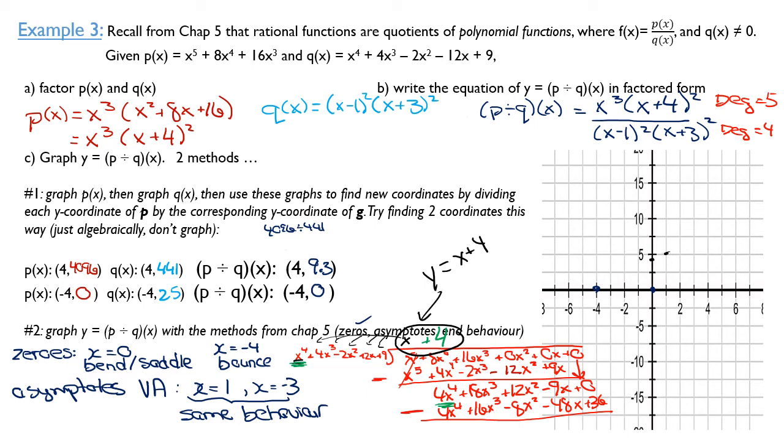I could also use the intercepts of the line itself. If I sub in y equals 0 here, I'm going to get x plus 4, bring the 4 over, I get x equals negative 4, so my asymptote is going to go right through that spot, which is a zero. I already put a dot there.